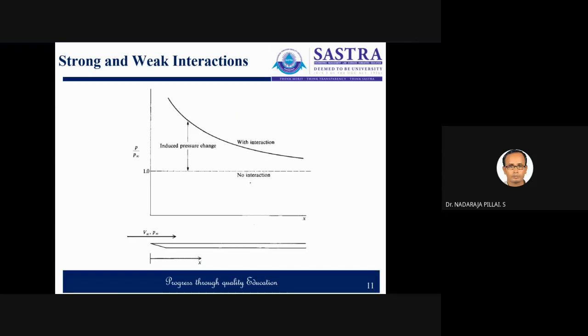When there is no interaction, P by P infinity is unity, and when there is an interaction, you have an induced pressure change.